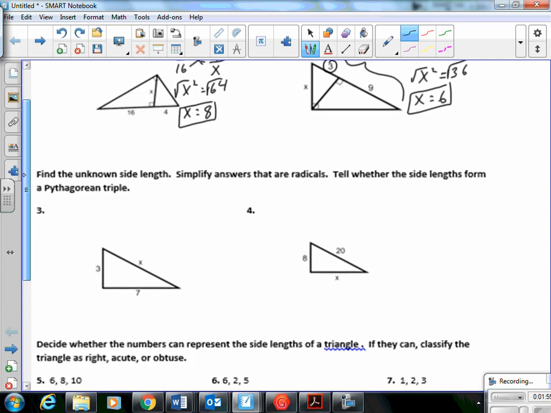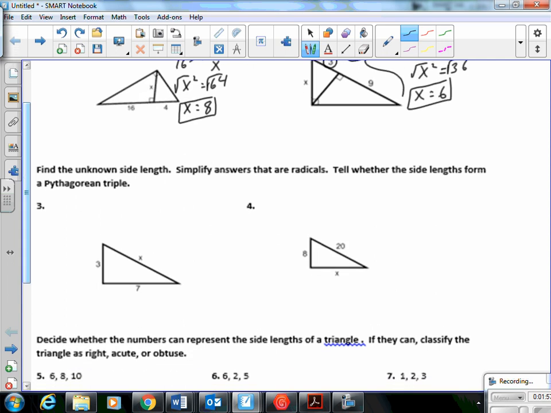Then number 3 and 4, finding the unknown side length, simplify our answers to the radicals and tell whether the side lengths form a Pythagorean triple. All right, so finding the side length, we're going to use Pythagorean's theorem. C squared equals a squared plus b squared, or you could flip that around, a squared plus b squared equals c squared, either way.